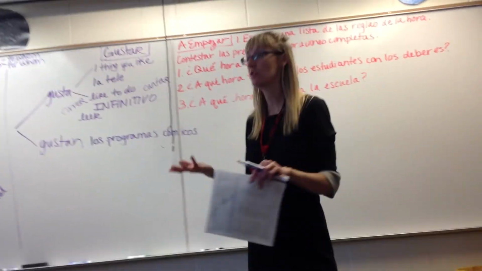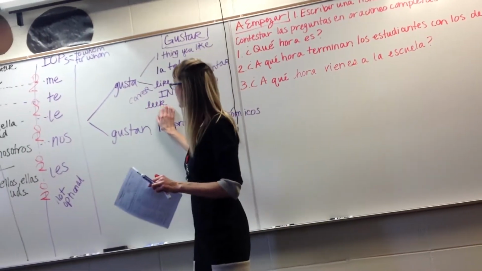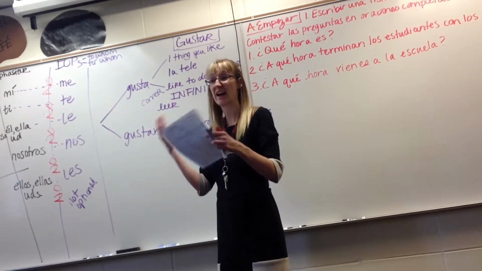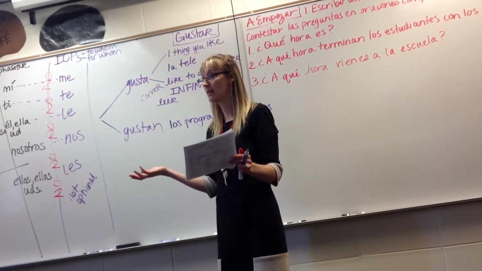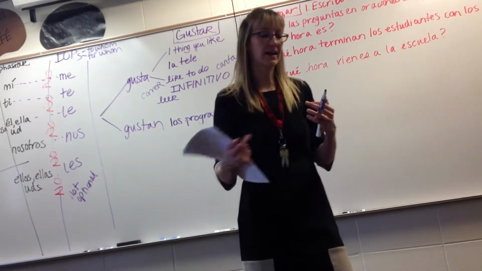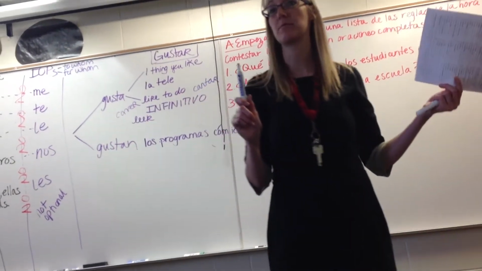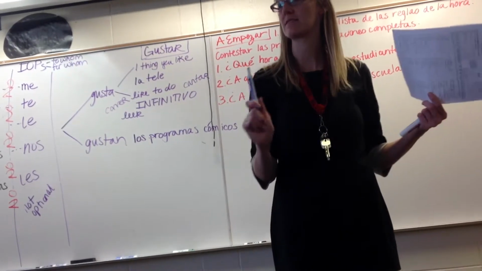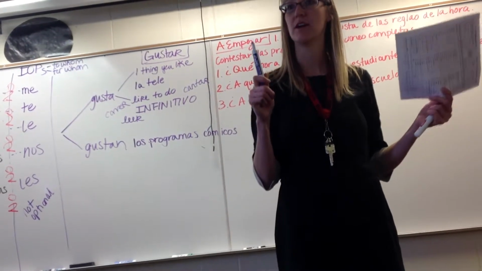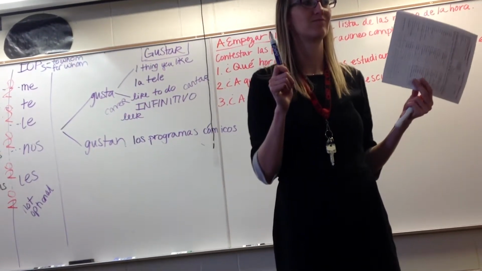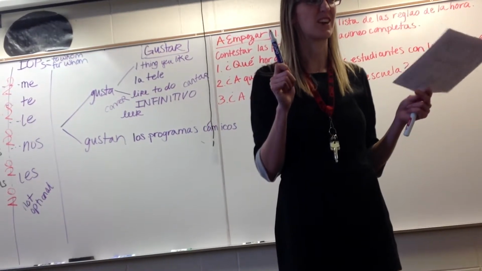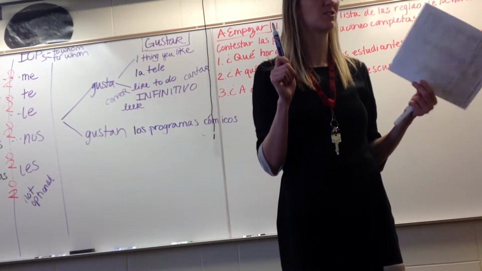Anytime we're followed by the verb right after, it's always going to be the singular form. It doesn't matter how many things you like to do. What if I like the marker and the piece of paper? Two singular things. Gusta or gustan? It's going to be gustan, because you're telling me two singular things.